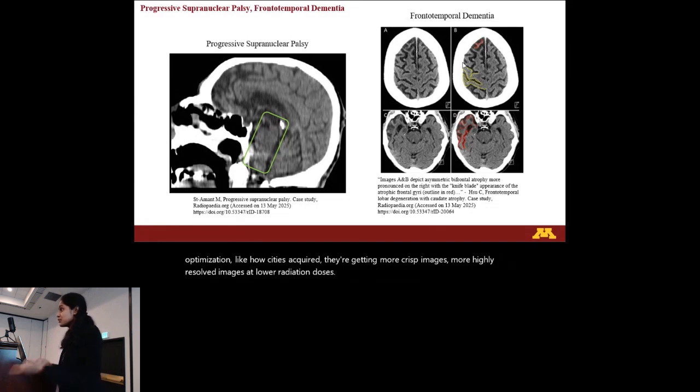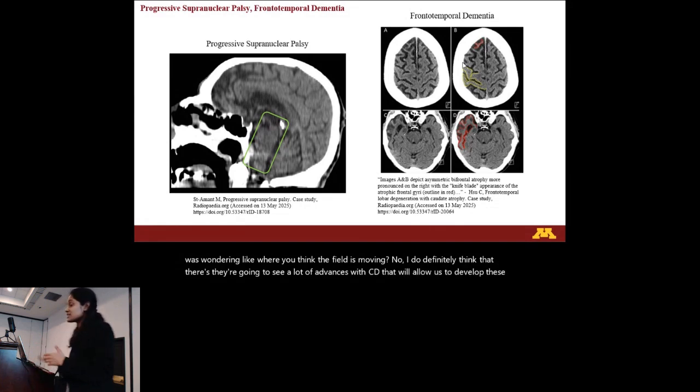So in the future, I think there's going to be a huge opportunity to start implementing a lot of CT-based analysis. I'm sorry, there was one more part to your question. You're actually answering it, but I was wondering where you think the field is moving. Yes, I definitely think we're going to see a lot of advances with CT that will allow us to develop these things in a more accessible way.